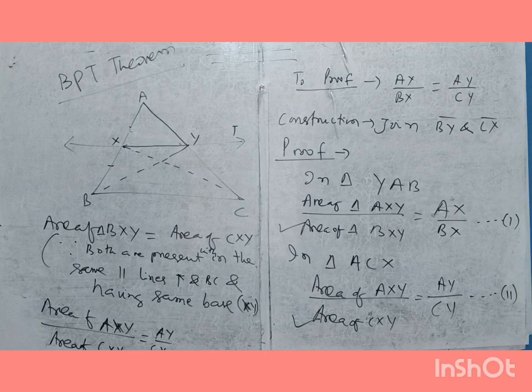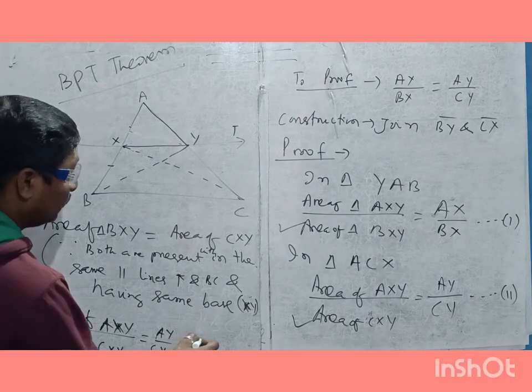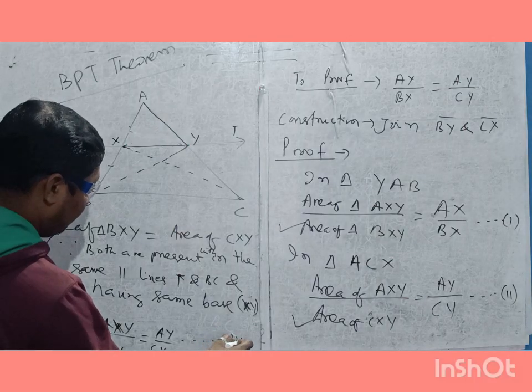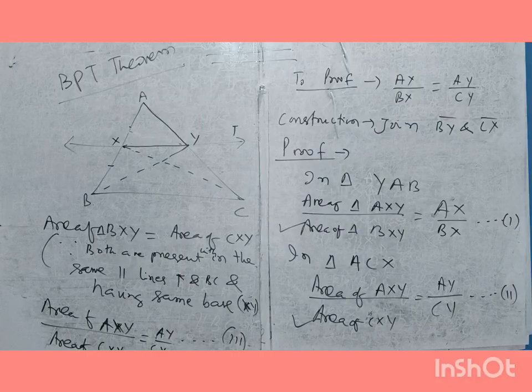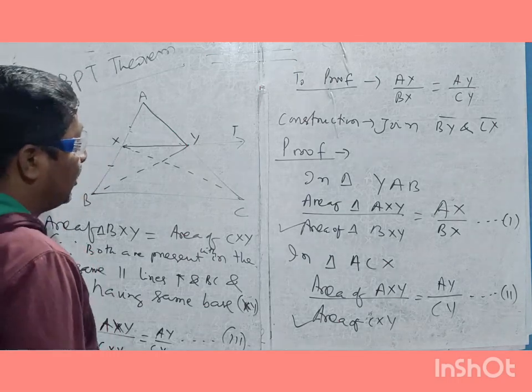Okay. Now compare these two. This is third one. Now compare one and third. AXY by CXY, AY by CY; AXY by BXY, AX by BX.